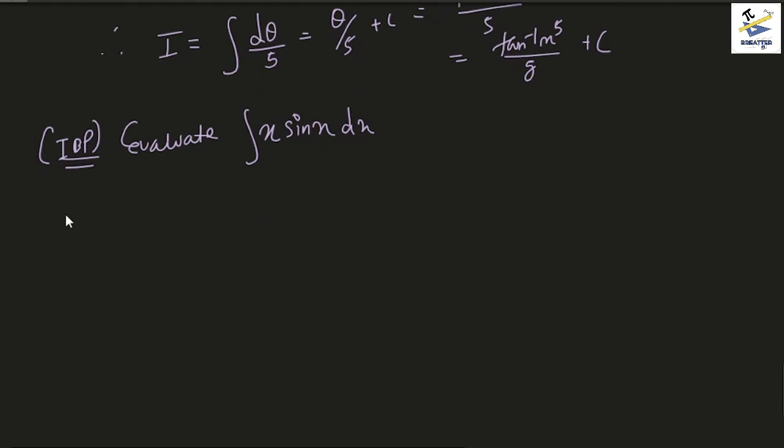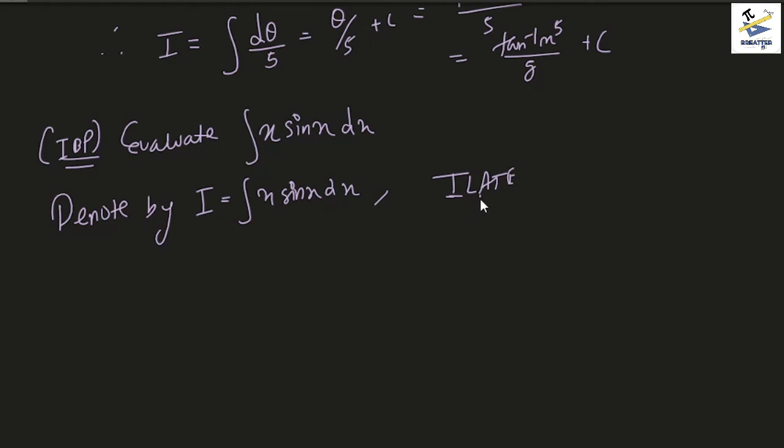So denote by I the integral, and whenever we see functions which are a product of two different kinds of functions, we try to remember our ILATE rule, where we know which one to take as the first function and which as the second. In the ILATE rule, the algebraic function comes first before the trigonometric function. So the algebraic function should be function 1, and the trigonometric one should be function 2, right?